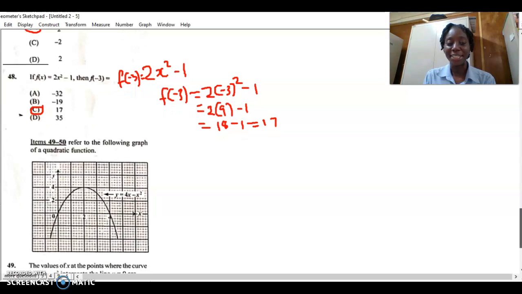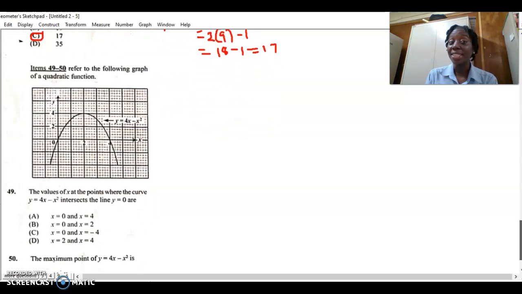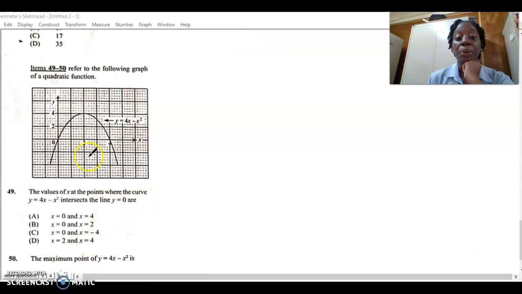Moving right along. Now we are at item 49. However, items 49 to 50 refer to the following graph of a quadratic function. The values of x at the points where the curve y equals 4x minus x squared intersects the line y equals 0 are... Alright, so what is it that we need to find? The line y equals 0 is basically the x-axis.